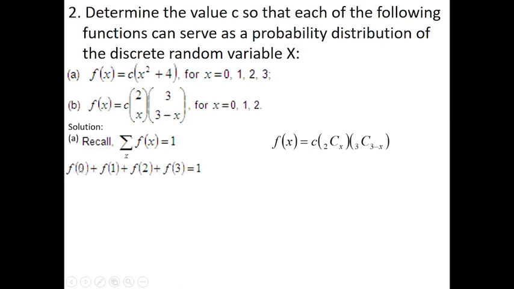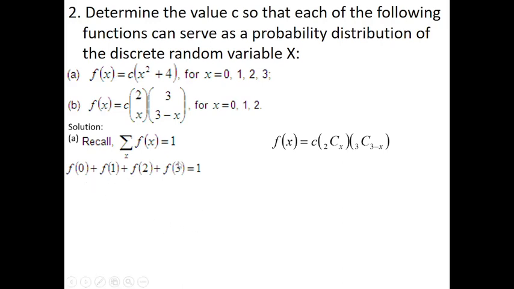So we have f of 0 plus f of 1 plus f of 2 plus f of 3 gives us 1. This is the process so that we can transform the function, so that the function can serve as a probability distribution of the discrete random variable x.